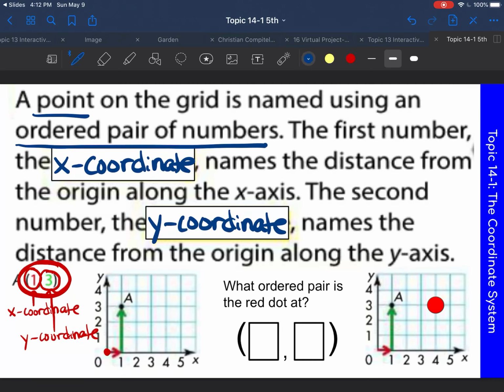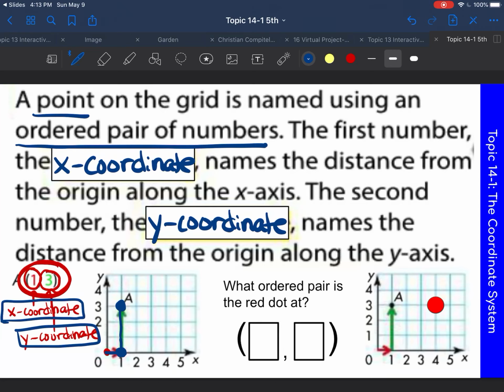That 1 tells you to move across the x-axis 1, so over to 1. Then the y coordinate tells you, from that point, how many spaces up to go on the y-axis. So 3. You would go 1, 2, 3. And that's how you would get your ordered pair plotted on the coordinate grid.